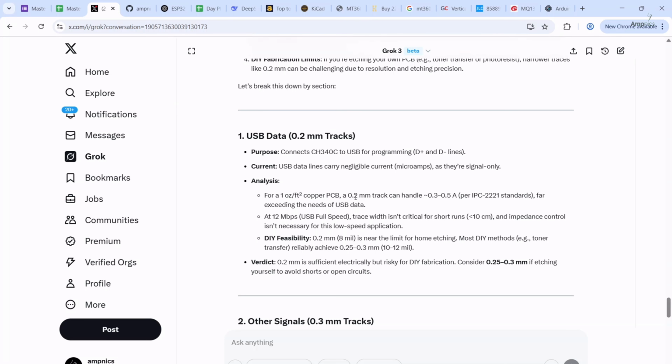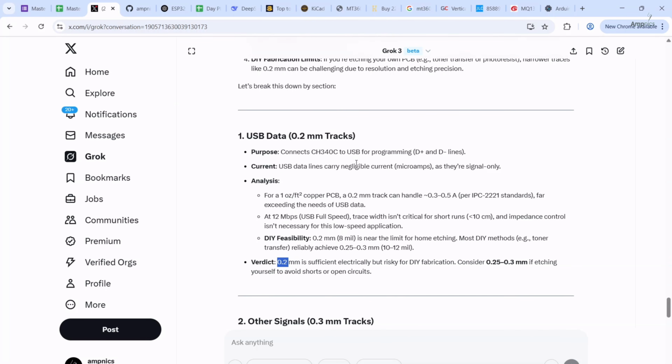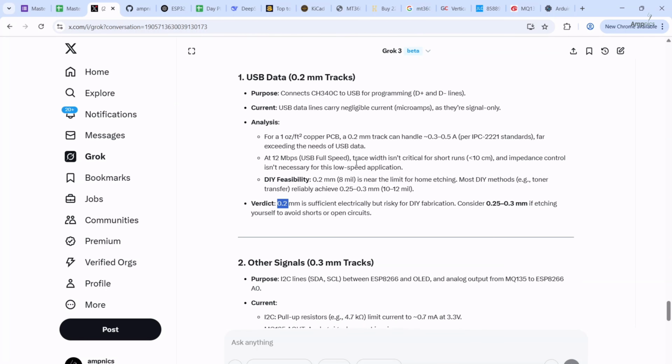But if you have a different type of connector, you can use this also. For this, I will stick with my own, 0.2. Okay, it is up to you. If you want to follow Grok's suggestion, you can follow that also. Your PCB will work fine.